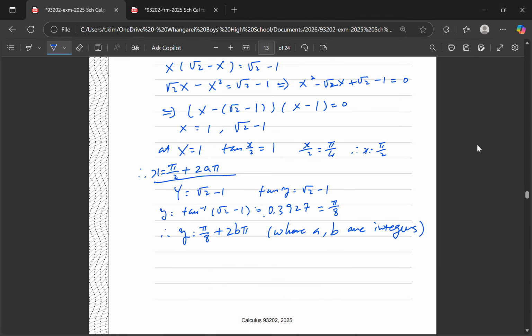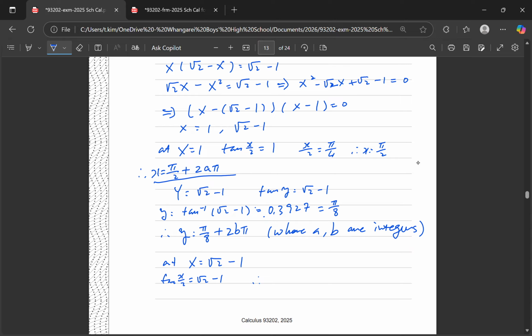Okay. So next step, at X equals √2 − 1. So let's examine. Oh, yeah, we already found. Oh, this is slightly different, isn't it? So when X is √2 − 1, what is X? X is tan(x/2), isn't it? So tan(x/2) equals √2 − 1. So do you remember we found tan inverse of √2 − 1 is π/8, right?